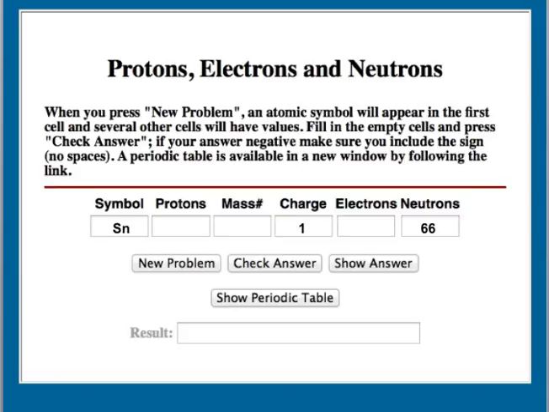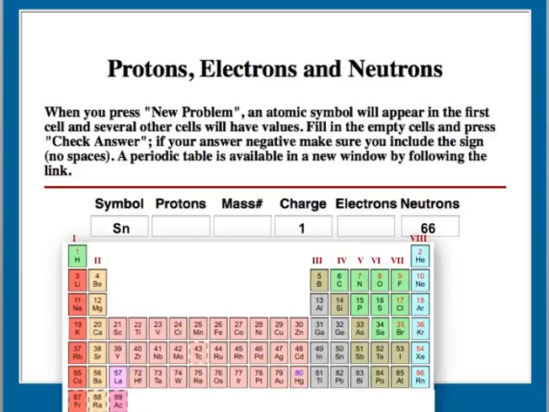So let's look at our periodic table. Sn, what is Sn? Down here, Sn is tin. Step 1, what's its atomic number?